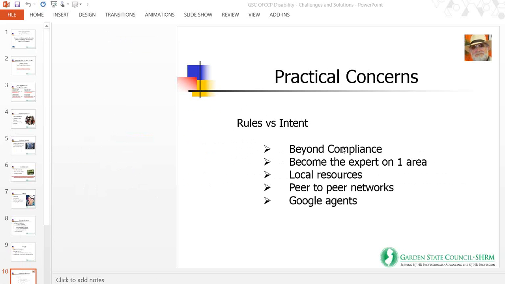If you are able to build some level of expertise in your company in terms of the accommodation of at least one area of disability, you are going to get value on all the areas of disability, in a sense, by demonstrating how well you're moving in one direction.